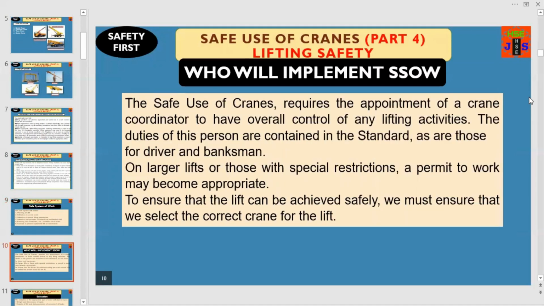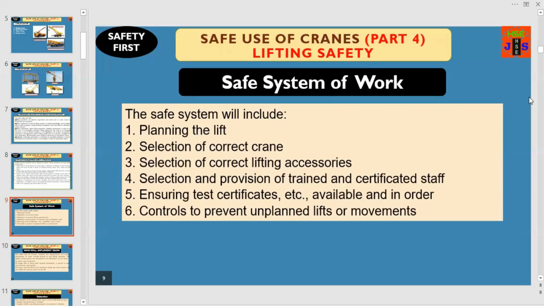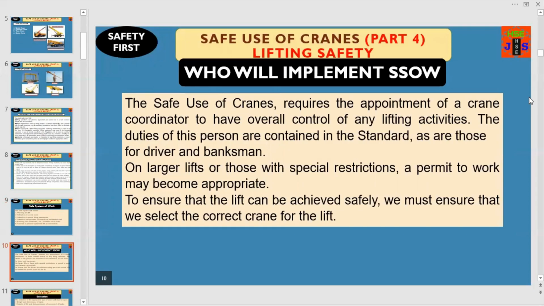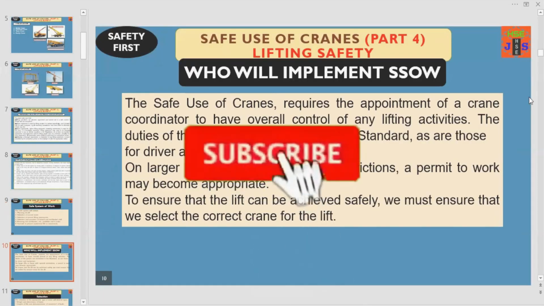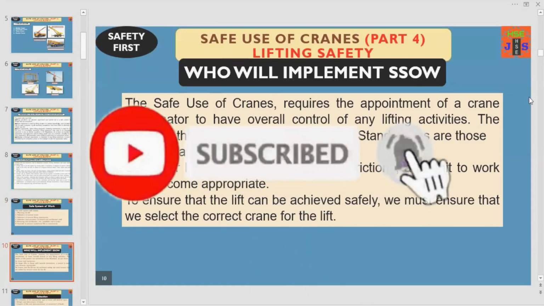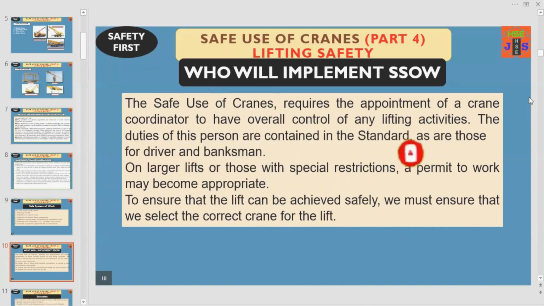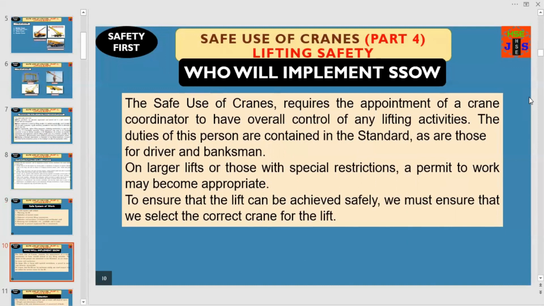Here the question is, who will implement the safe system of work? The safe use of cranes requires the appointment of a crane coordinator to have overall control of any lifting activities. Sometimes this person is also called the lifting appointed person.